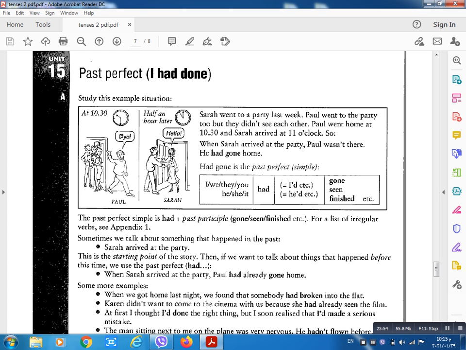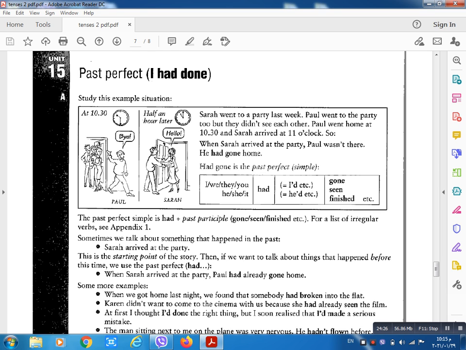Again, in the past I have a situation, all of it happened in the past. There should be more than one action. Both of them or all of them had to be in the past. The one happened after the other. The second action, according to the sequence of time, according to our situation, which is Sarah's arrival, the action that happened later, will be considered to be the starting point of the action.